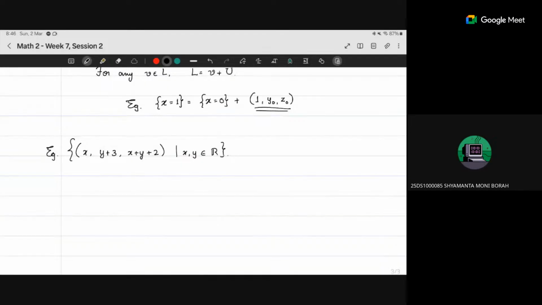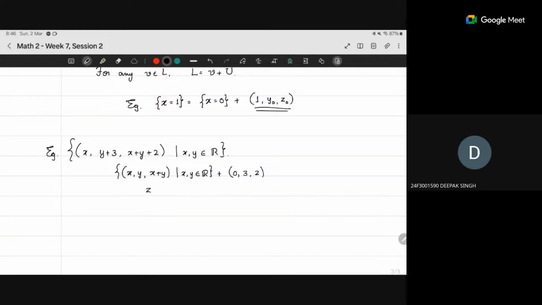You can clearly see that over here it is x, y, x plus y, the set of all elements of this sort. And what is the vector that you need to add? 0, 3, 2. So this is the vector subspace which corresponds to the given affine subspace. First of all, this set can be written as a vector plus a vector subspace. This is a vector subspace, right?